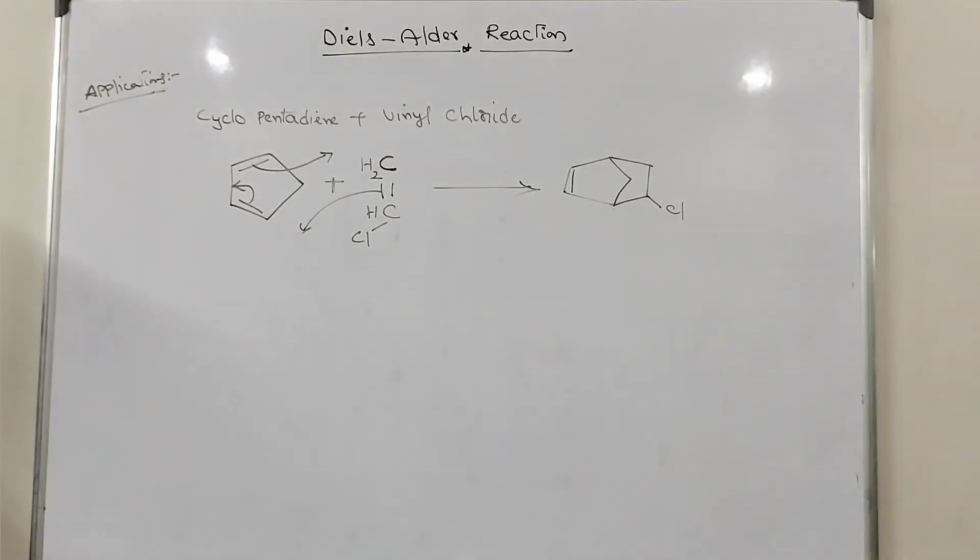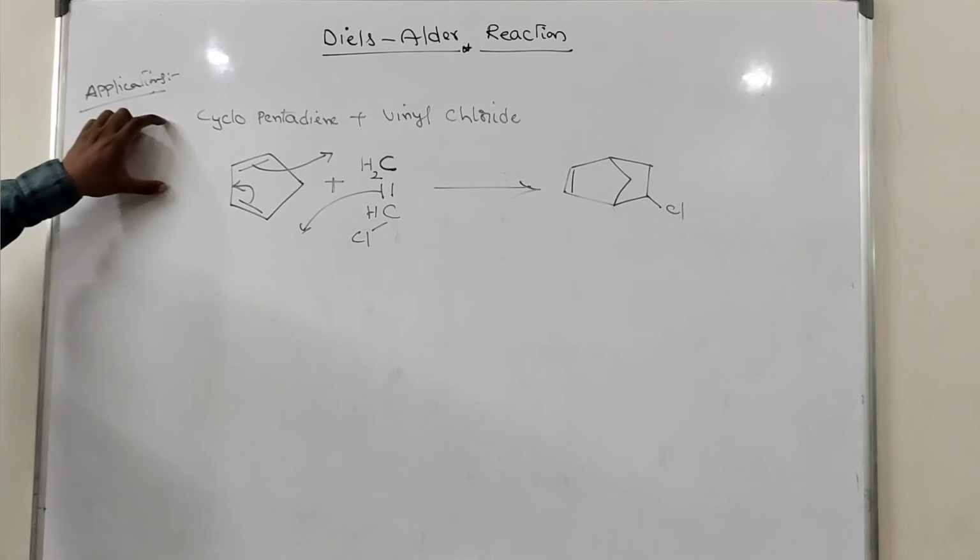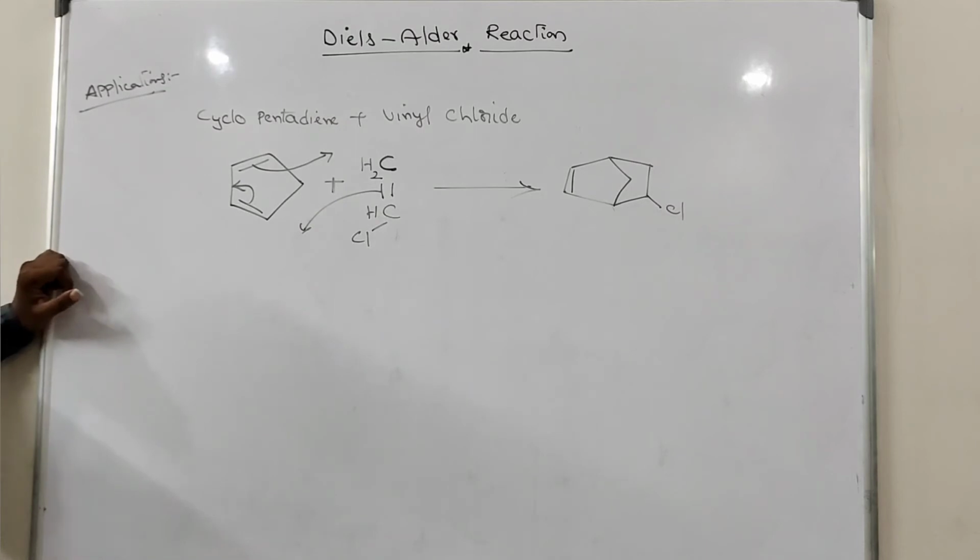When cyclopentadiene adds to vinyl chloride by the Diels-Alder reaction, it produces a bicyclic compound.